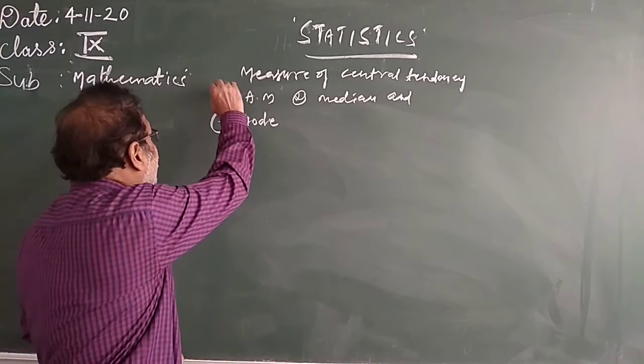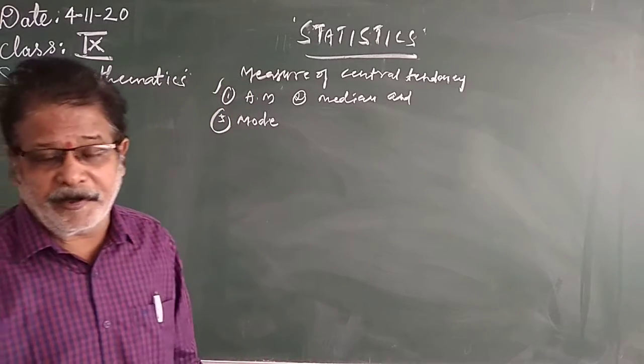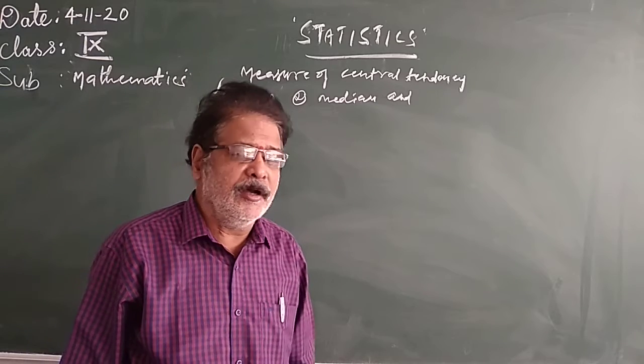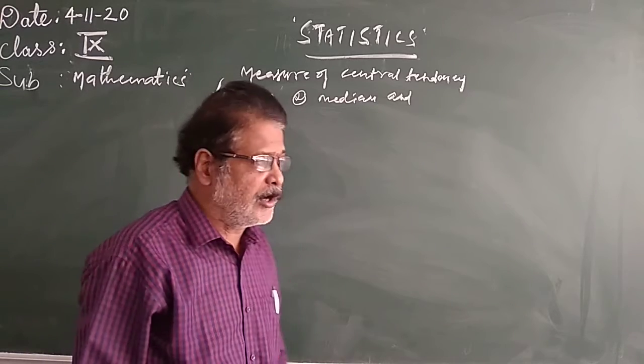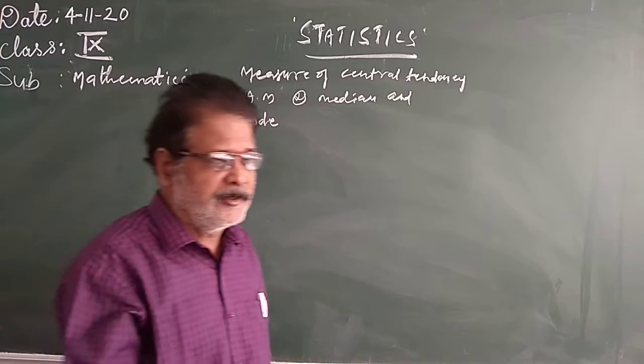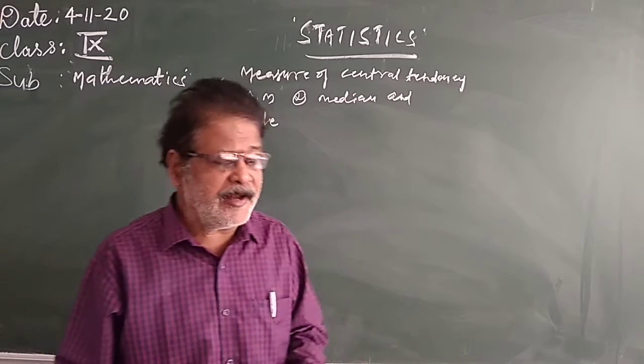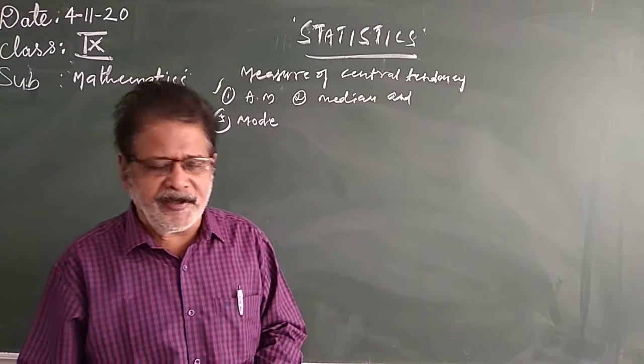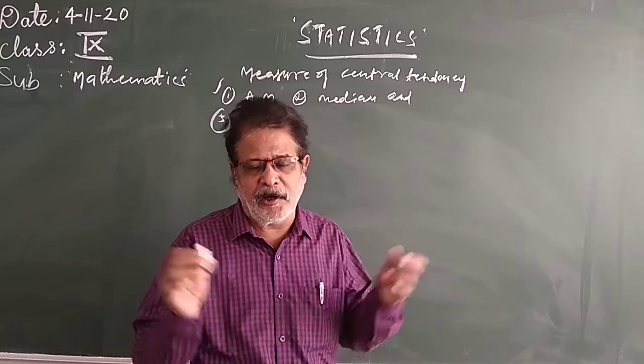Yesterday we discussed the arithmetic mean (AM) for ungrouped data. Let us recall once again. The arithmetic mean for ungrouped data is the sum of the observations divided by the total number of observations.